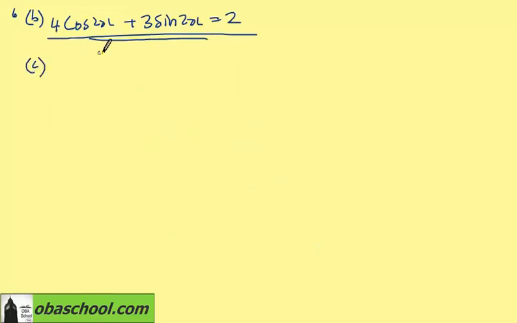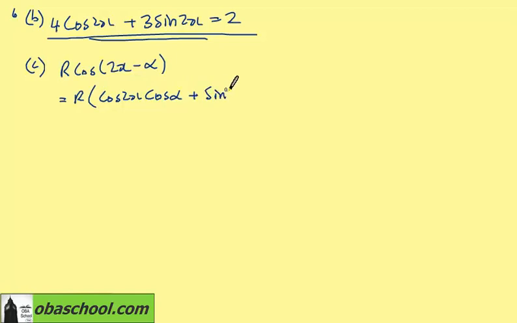In Part C, we want to express the left-hand side of this equation in the form r cos(2x minus alpha). This is r using the expansion for cos(A minus B), cos 2x cos alpha plus sine 2x sine alpha.